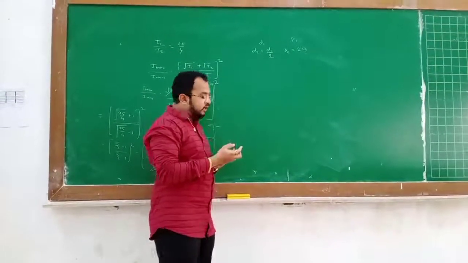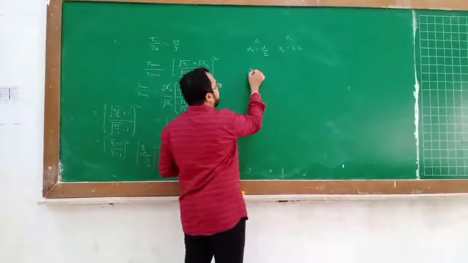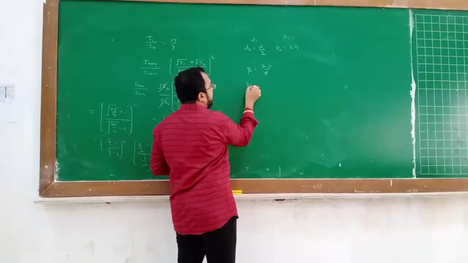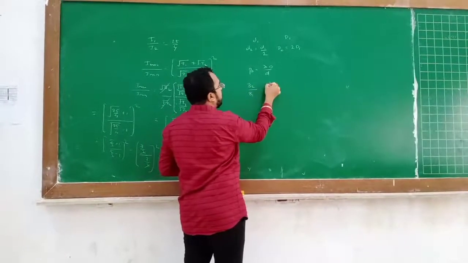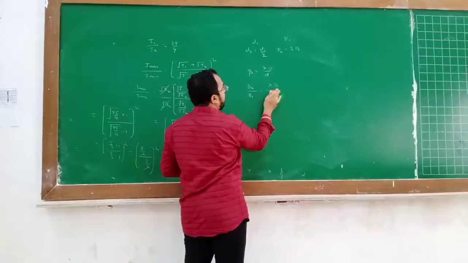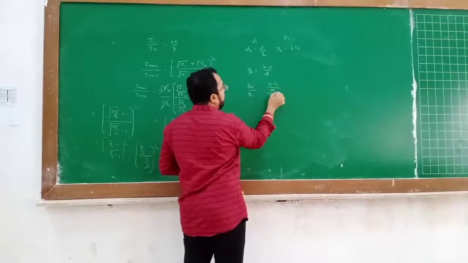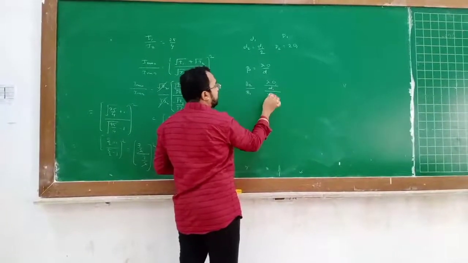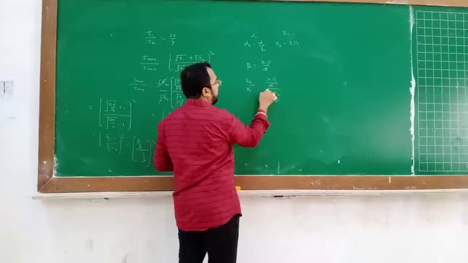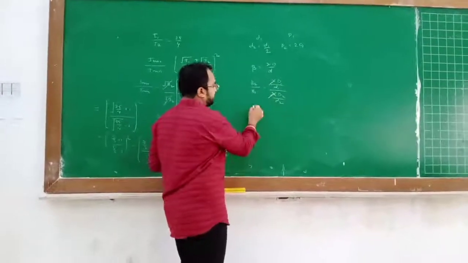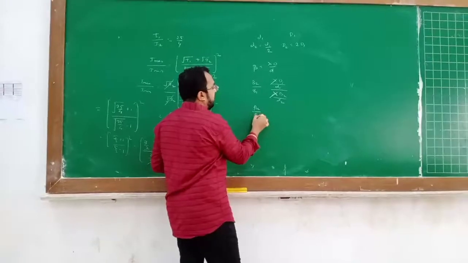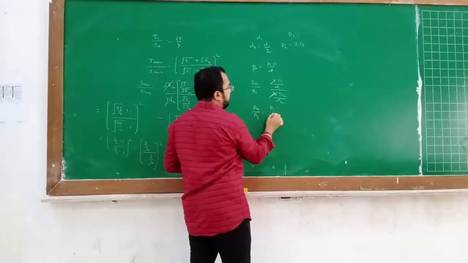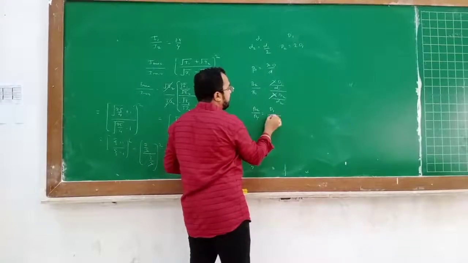The fringe width is asked. So it is lambda D by d. We can write beta 2 upon beta 1 is equal to lambda D2 upon d2 divided by lambda D1 upon d1. The light is kept the same, so lambda cancels. Keep d1 as it is.